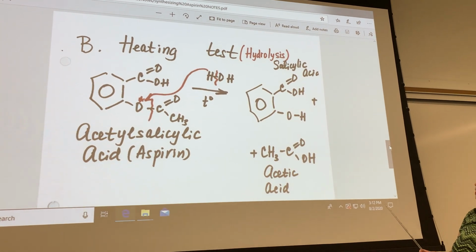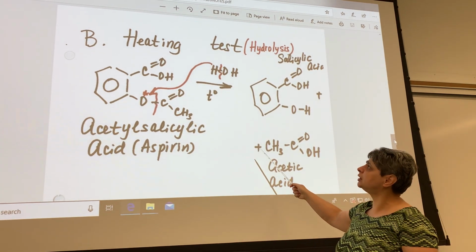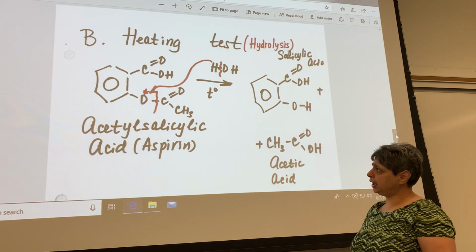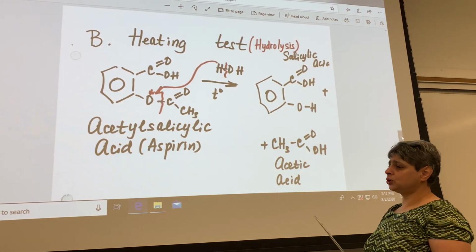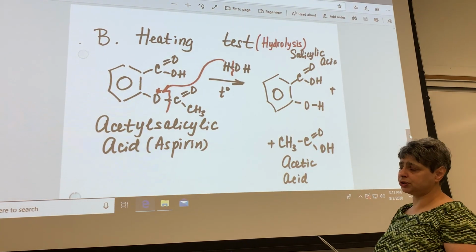Now, you may recall when we did synthesis, you were instructed and hopefully reminded by your TAs when you were heating your reactants in hopes of producing aspirin, to take a small piece of parafilm and loosely cover the mouth of the test tube.